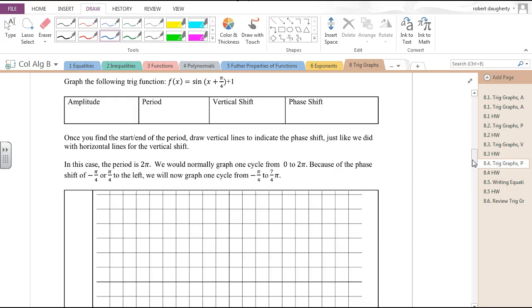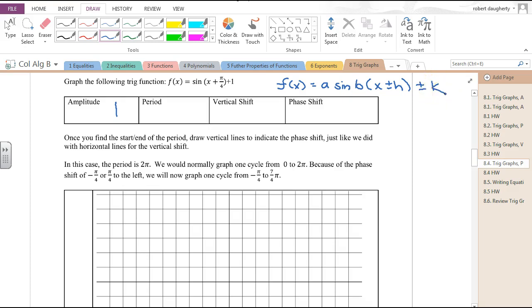We need to graph this particular function. What is the amplitude? 1. What is the period? What number do you see in front of that x? Okay, guys, I'm looking for it to be in this form: A sine b x plus or minus h plus or minus k, something like that, okay?